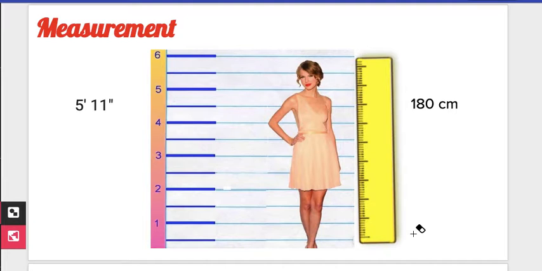For example, if we talk about the height of Taylor, her height here is 5'11", but in centimeters it is 180 centimeters. No matter which unit we use, we're actually talking about the same height, right? The height of the same person. But since we use a different unit, the number we see is quite different. And we can always convert from one to the other.